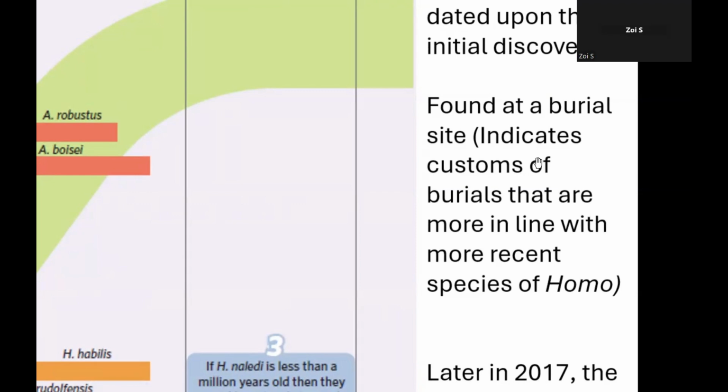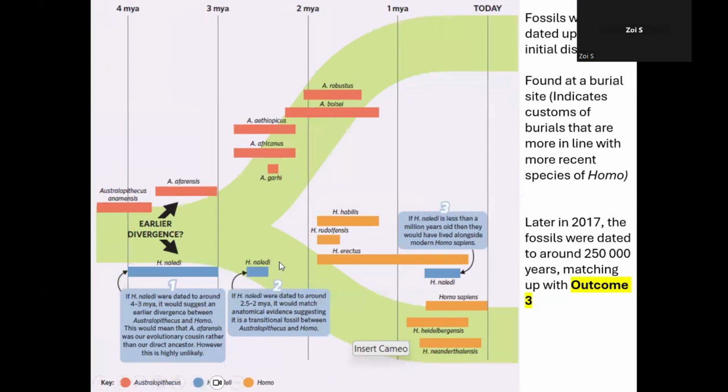Our custom of burying our dead is something that we've been doing for a very long time. If we trace it back, it started around the time of Homo erectus to Homo neanderthals and so on. So this is a custom that we've continued up until today, right? But when we found this Homo naledi, we found that they were also carrying out these customs. And remember that customs are a cultural evolutionary thing, something that you pass on to the generations.